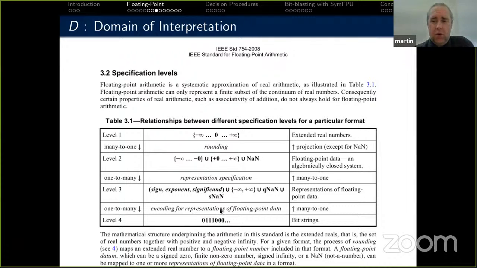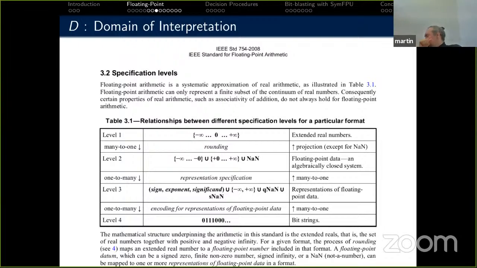What we don't do, and this is a deliberate design choice, is formalize it as bit vectors. Although we use bit vectors, a floating point operation is not, this is what it does to the bit vectors. That is not their semantics.